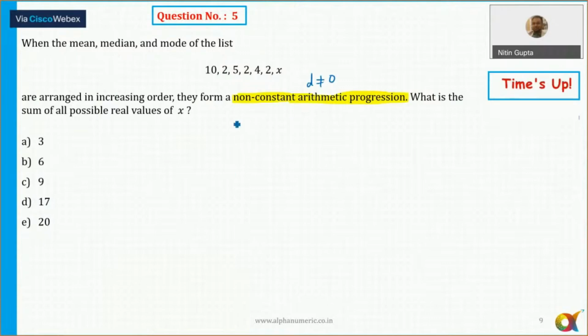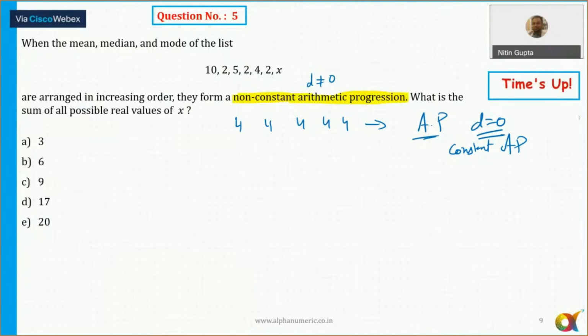For example, if there is a series, something like 4, 4, 4, 4, and 4. So this is also an AP, where the common difference is equal to 0. And such type of AP is known as constant AP. So the meaning of the term non-constant is that the common difference shouldn't be equal to 0. There has to be some common difference here. That is the meaning of the non-constant AP.